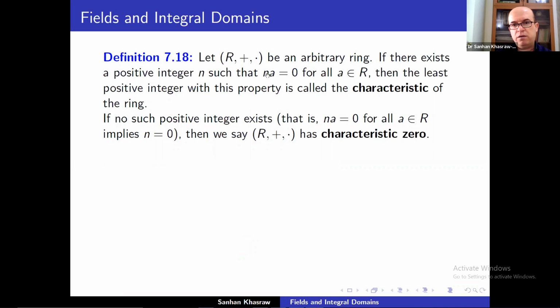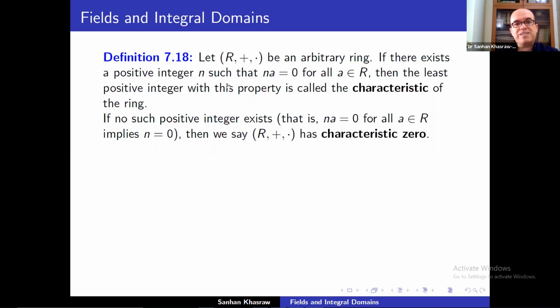If I have a ring R, an arbitrary ring, it's not necessary to have an identity, and not necessary to be commutative. If we can find an integer n such that n times a equals 0 for all a belonging to R, where the 0 on the right-hand side is the identity element with respect to addition, and na means we add a n times, a plus a, n times, which equals 0.